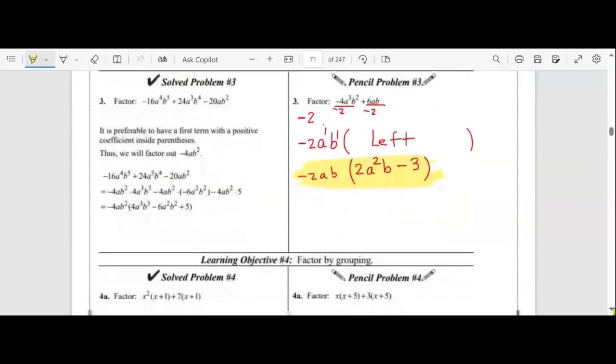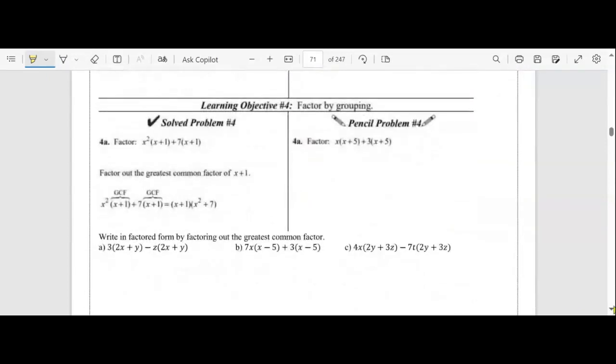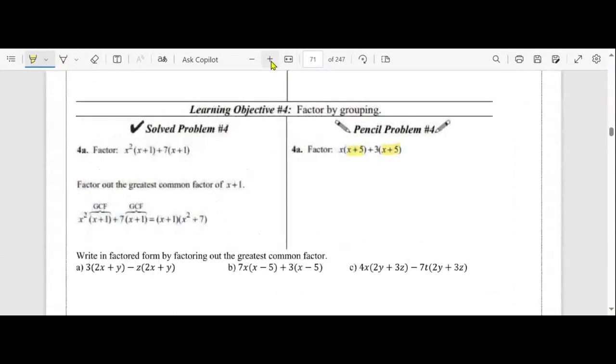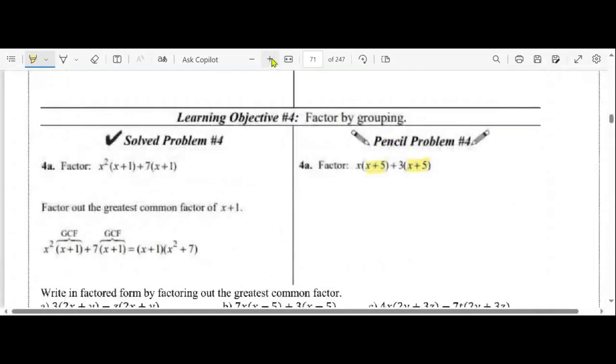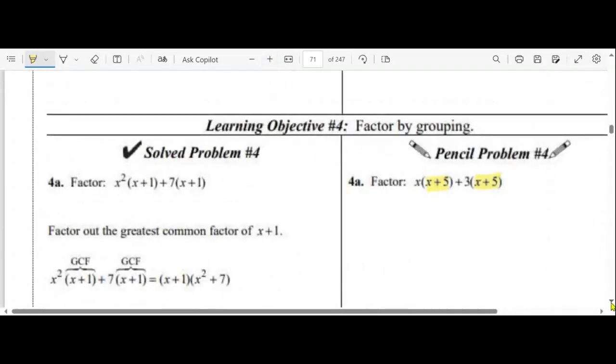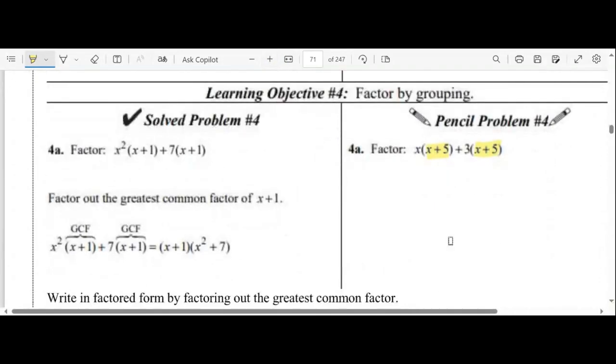Okay, let's go to the next one. Now we're gonna do factor by grouping. Now, do you see anything that is similar? The group x plus 5, x plus 5. Can you see that? Are they the same or not the same? If they're the same, I will call this a blah blah blah, okay?